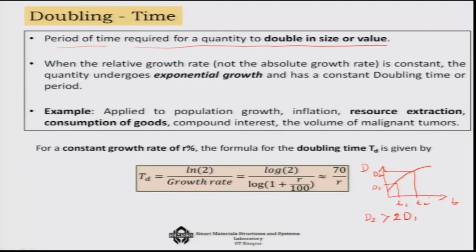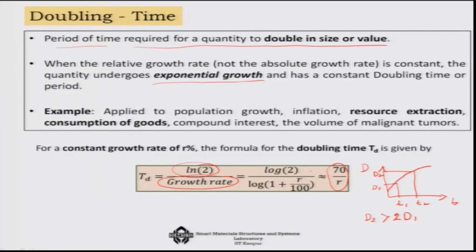Now, if you assume an exponential growth, in many cases the growth rate will be given to you, and hence by knowing the growth rate and the logarithmic base 2, you can approximately find the doubling time to be about 70 over r.